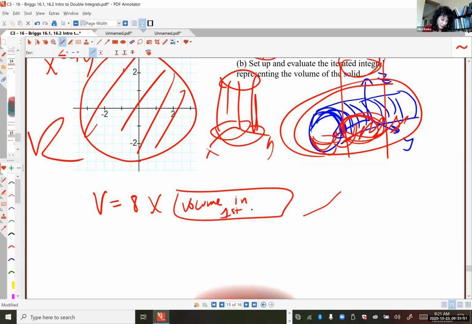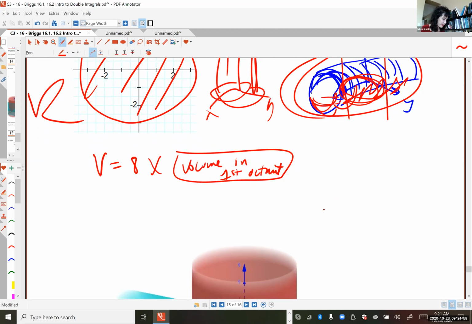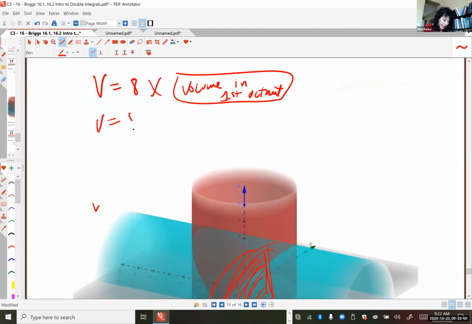So here's my plan. 8 multiplied by the volume in the first octant is going to get us where we need to be. So the volume is going to be 8 times a double integral. The capping surface is going to be positive square root of 9 minus y squared.